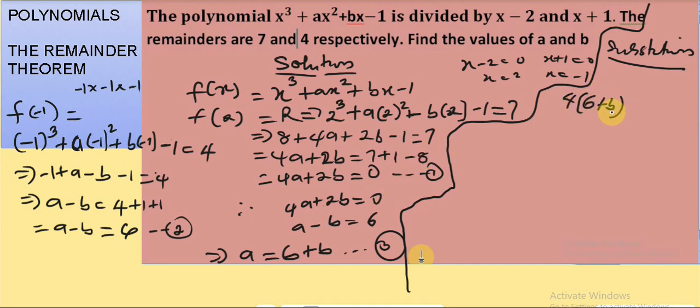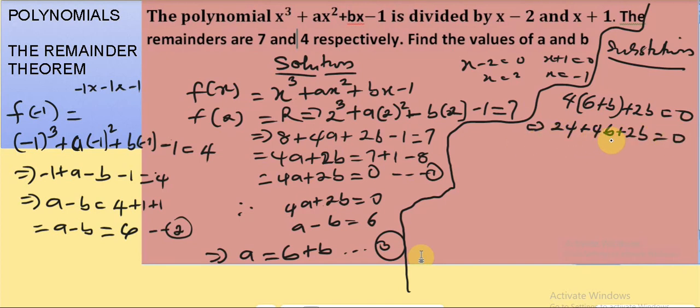I'm replacing a with 6 plus b, then plus 2b is equal to 0. Now if I clear the bracket, I'm going to have 4 times 6 is 24, plus 4 times b is 4b, plus 2b is equal to 0.